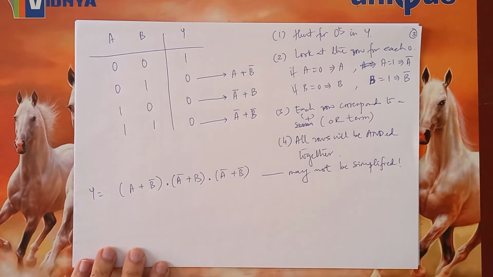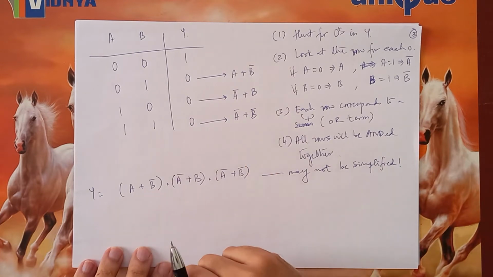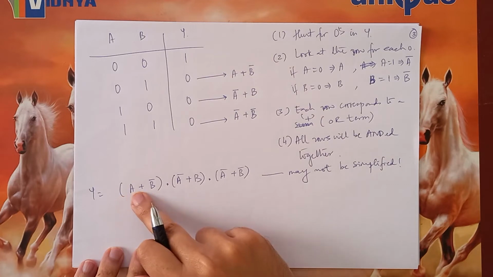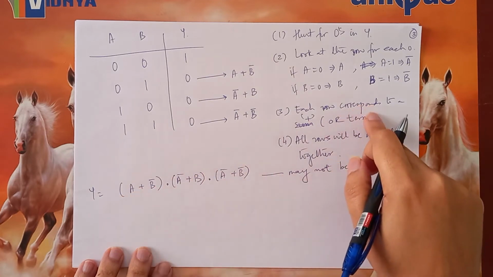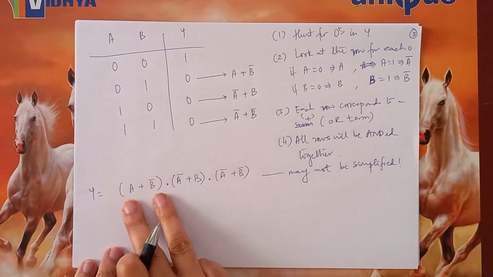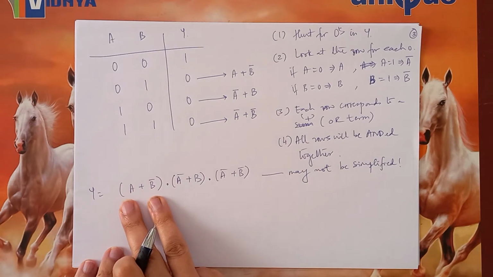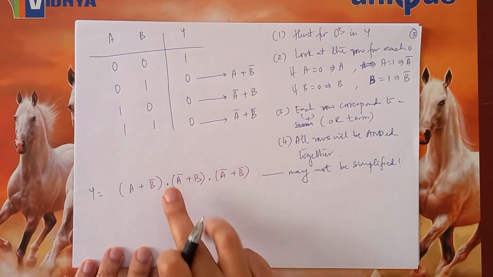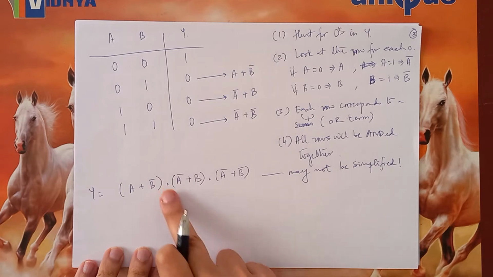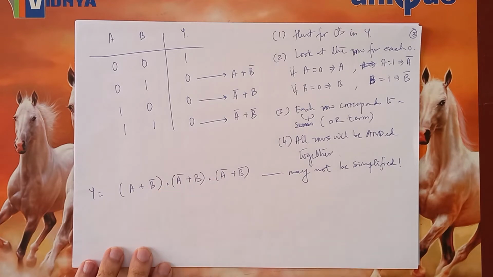I should not use the word sum. But although the word sum will somehow come into picture because it looks like it, it is actually OR. So therefore, each row is corresponding to a plus term, and all the terms are combined together using dot or a product.